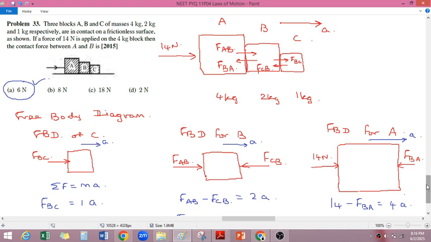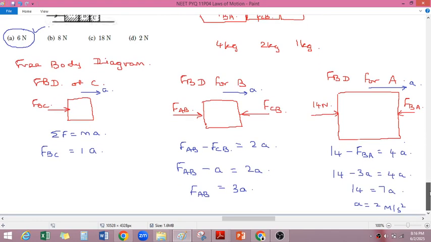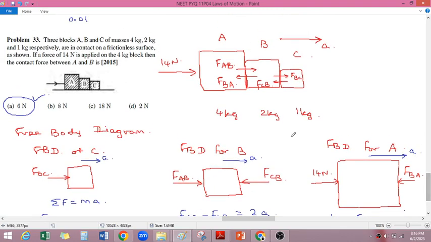I'm not sure, maybe we can try it. I think a quicker way could be, right? Sometimes the quick method may not work. So the quick method is, I can imagine that this entire block is one single block. That means 4 plus 2 is 6, 6 plus 1 is 7. So sigma F is equal to MA. So force is 14 Newton and M is 7.